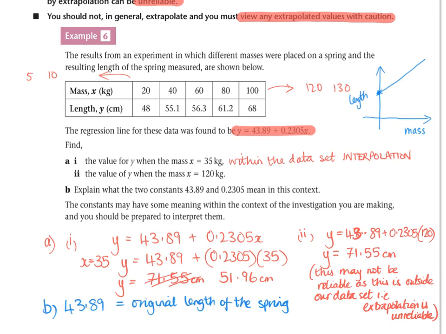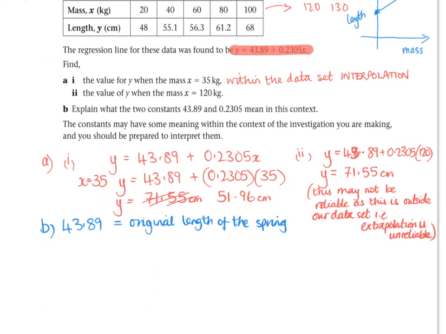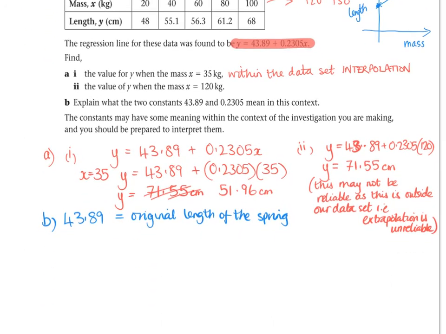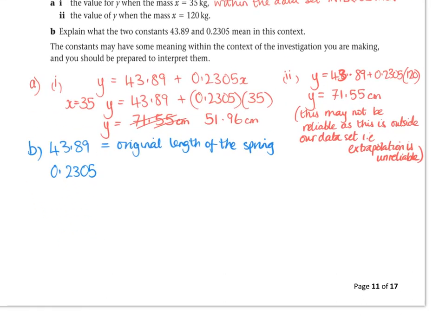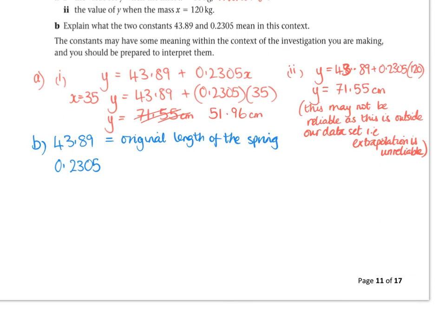Now the next constant that we have to have a look at is the gradient. And the gradient is definitely 0.2305. Again, it would help if we draw the graph and you can see what's going on, and I would recommend this every time. So what we've got is our mass on our x-axis, and on our y is the length.